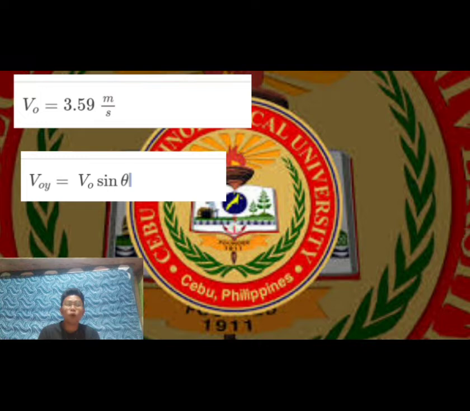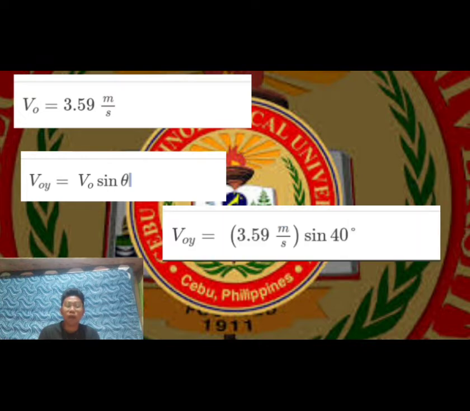So v sub oy is equal to 3.59 meter per second, our initial velocity, times sine 40 degrees. So the result is v sub oy is equal to 2.31 meter per second. So our initial velocity at y is equal to 2.31 meter per second.